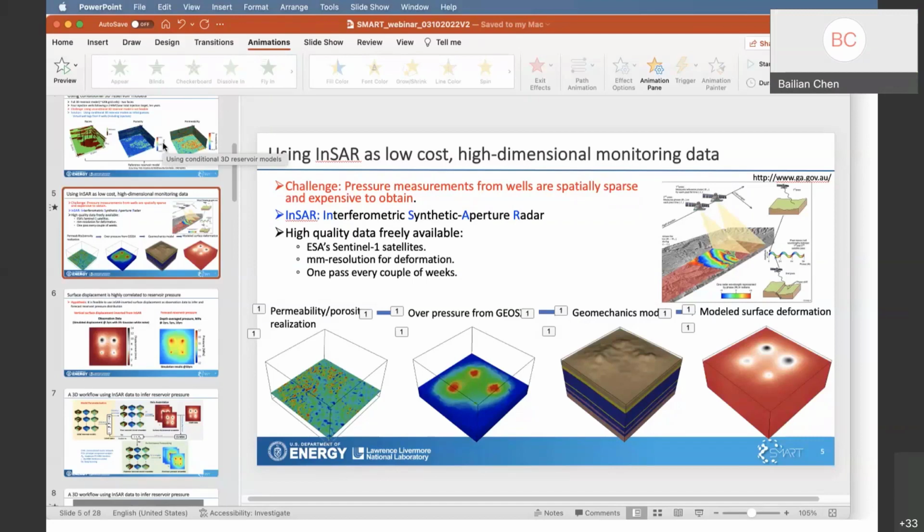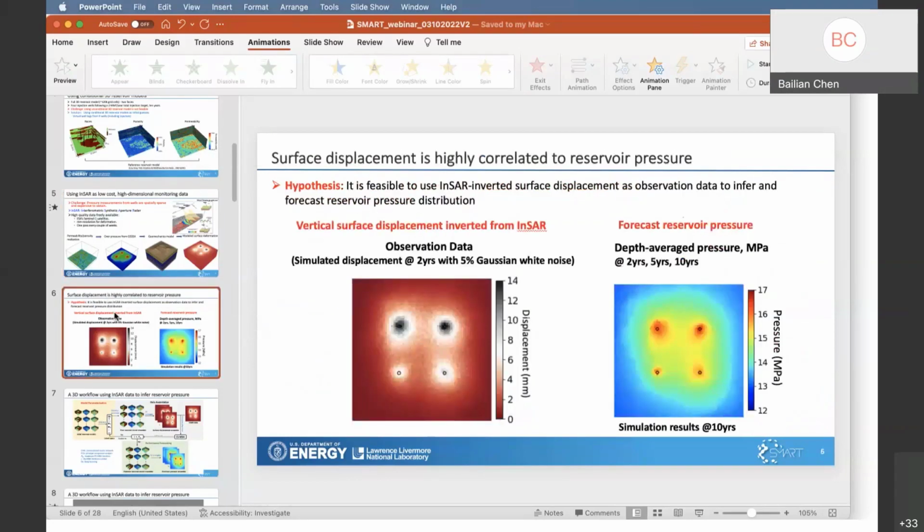So the first one is about the observational data. You consider the surface displacement as your observational data in your data assimilation workflow, is that right? Yes. At the beginning, you mentioned that you can use the surface displacement data to get pressure images for the storage formation.